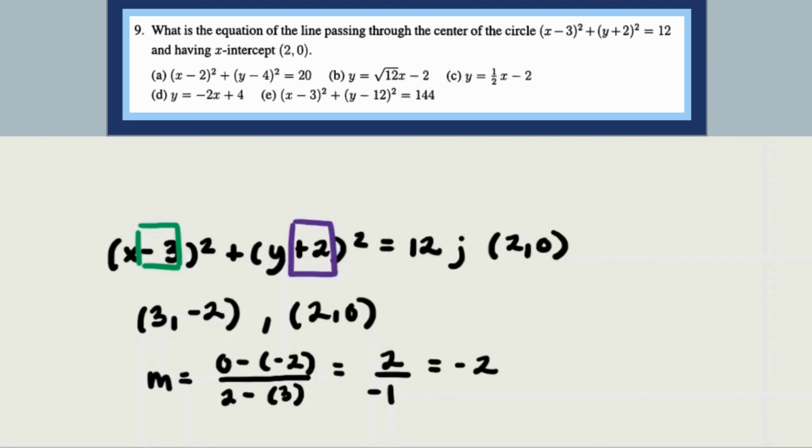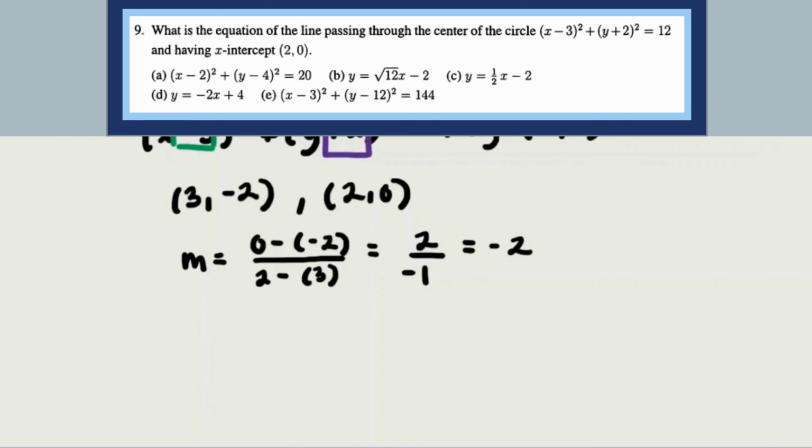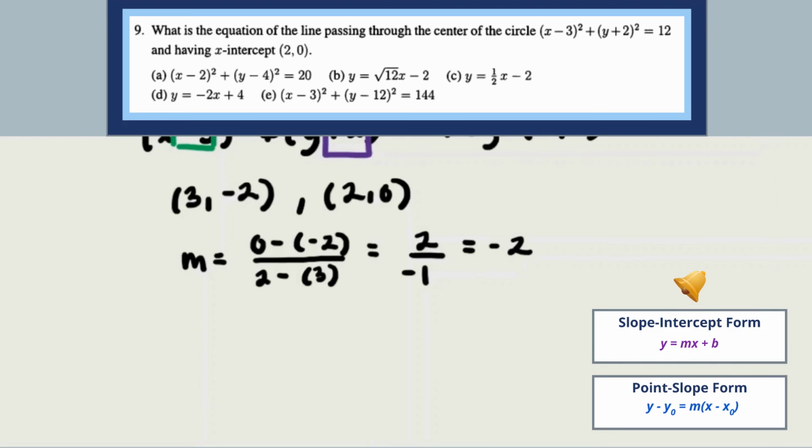So to complete this equation, we just have to find our y-intercept. There are 2 ways you can find the y-intercept. One way is to use your slope-intercept equation, y equals mx plus b. You just plug in one of the points they gave us, and the slope, to solve for b. So I'm just going to use (2, 0).